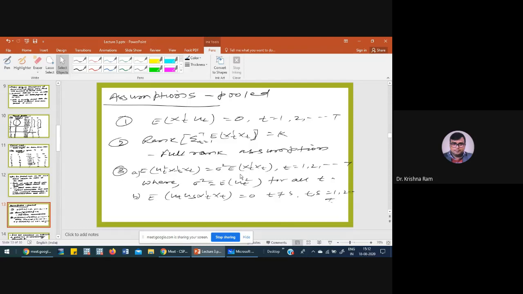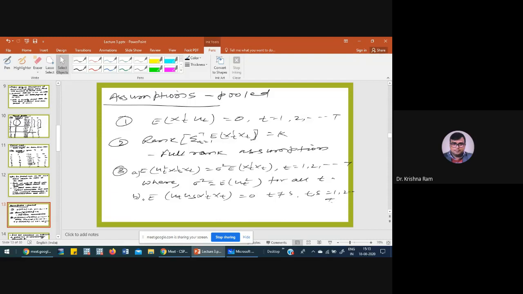The third assumption is the no heteroscedasticity assumption: the expected value of u square t given x prime t x t equals sigma square, where sigma square is the expected value of the square of the error term for all t. This is the homoscedasticity assumption.